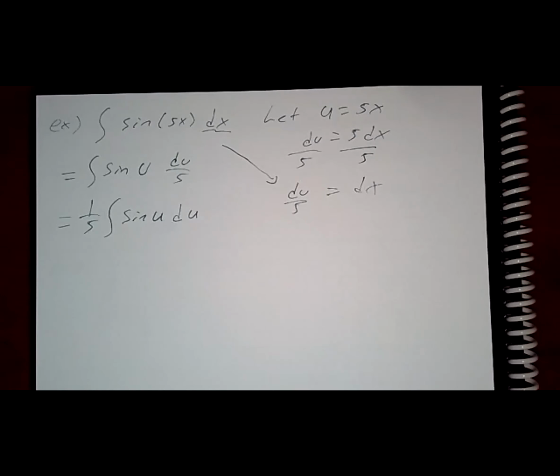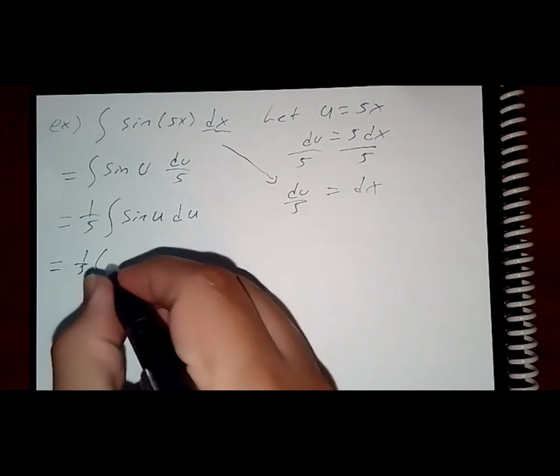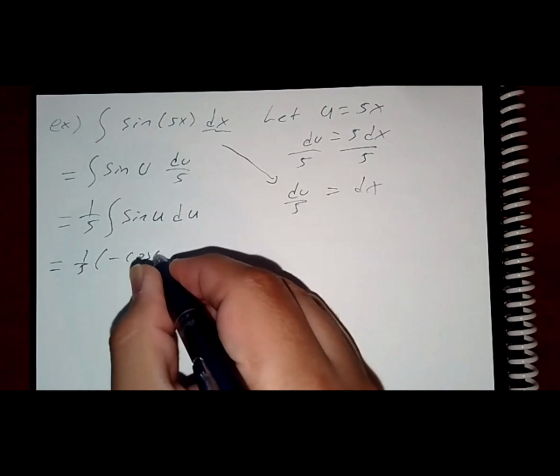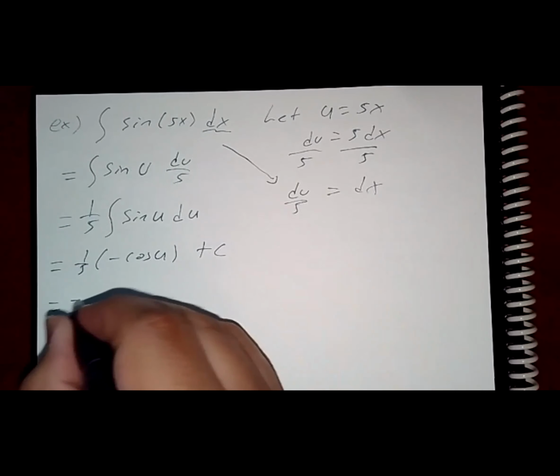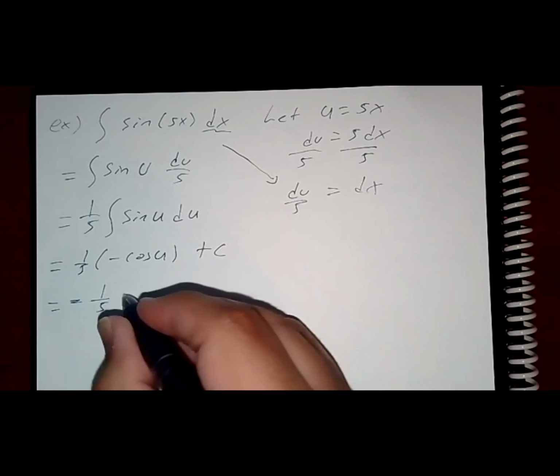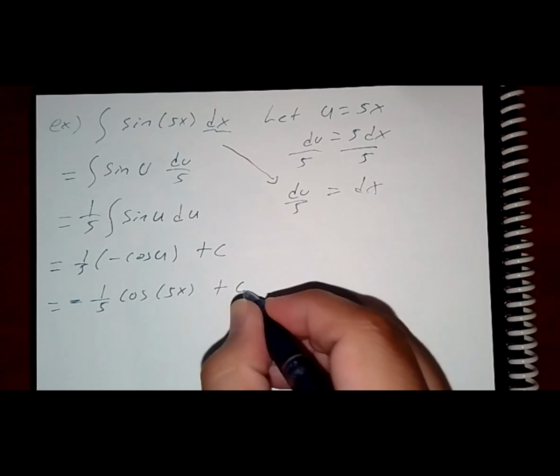So that'll be 1/5 times negative cosine of u plus c, which is actually negative 1/5 cosine of 5x plus c.